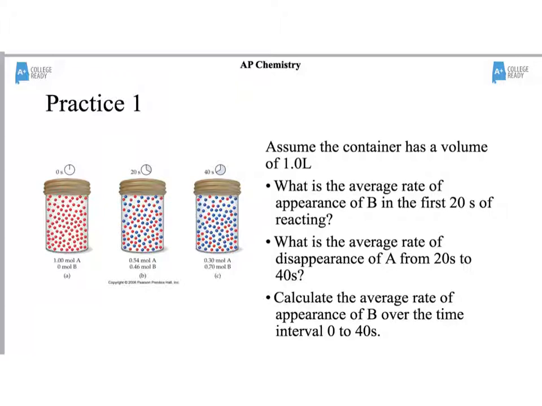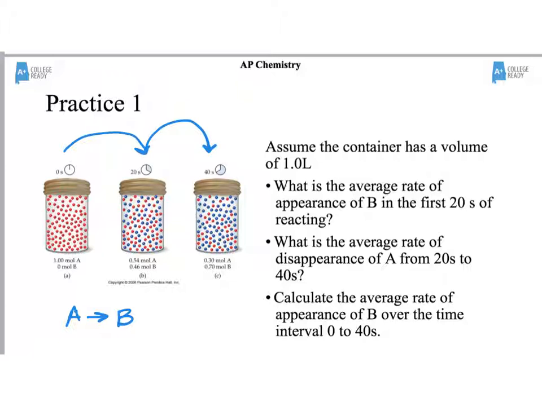The time that has elapsed from here to here is 20 seconds, and we've used some A and we've made some B. The amount of A used is equal to the amount of B made. So really the reaction is A yields B because of the stoichiometry. And then after another 20 seconds, now at 40 seconds, we've used some more A and we've made some more B.